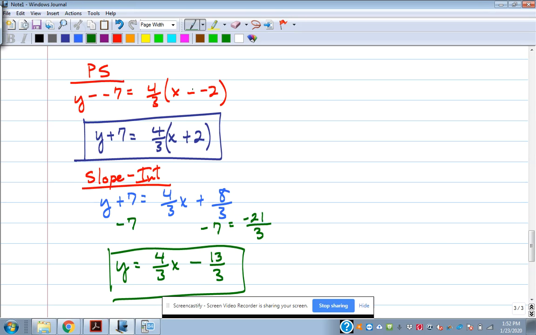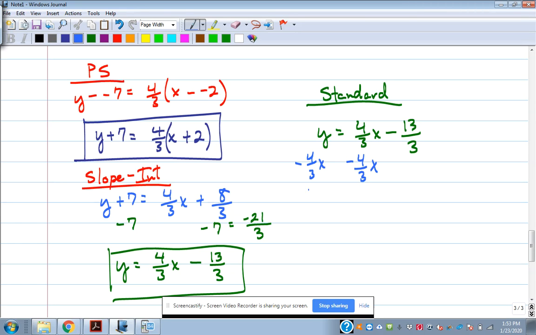And then let's go ahead and get it into standard. First move, yeah, move the x, so subtraction this time. So -4/3 x plus y is equal to -13/3.